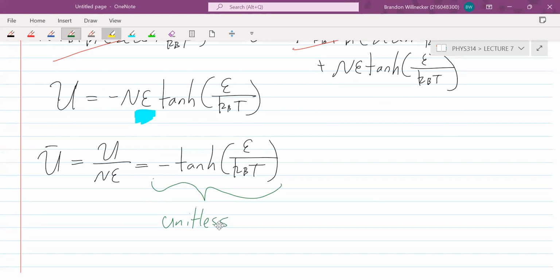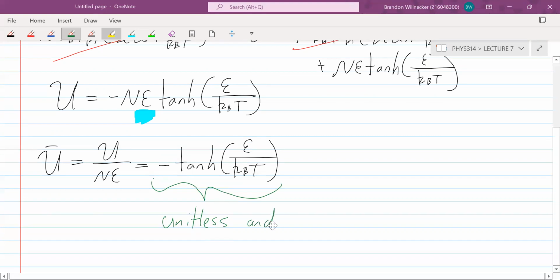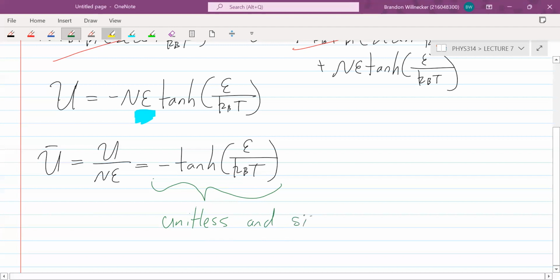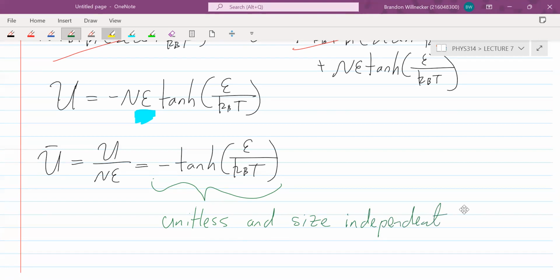So you can use SI units, other units, centimeters, meters, whatever. Whichever units you use, they're all going to cancel out for this right-hand side to be unitless. And it's size independent because we've divided through by N. So it's just a better thing to work with, something that is unitless and size independent.